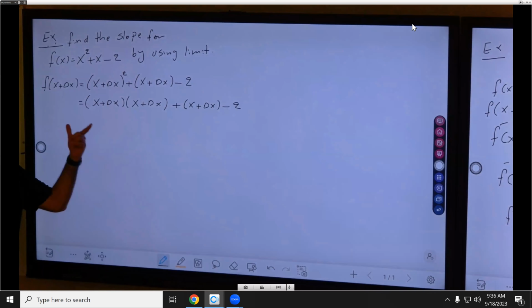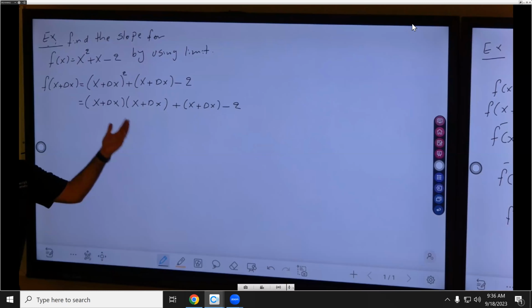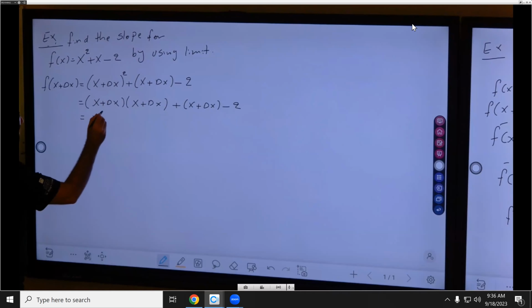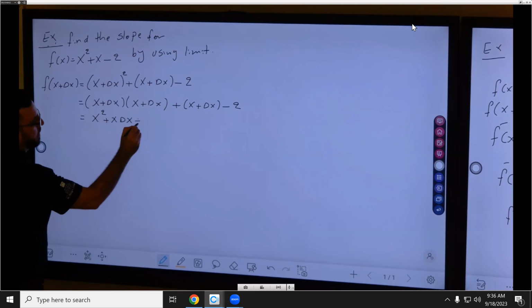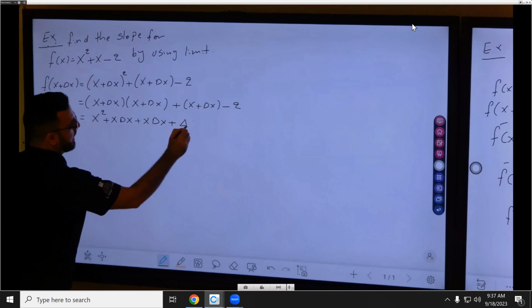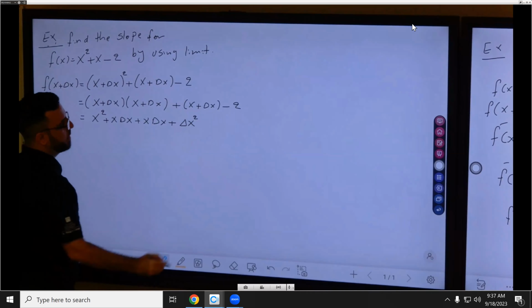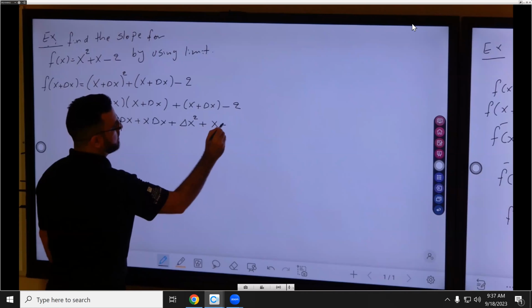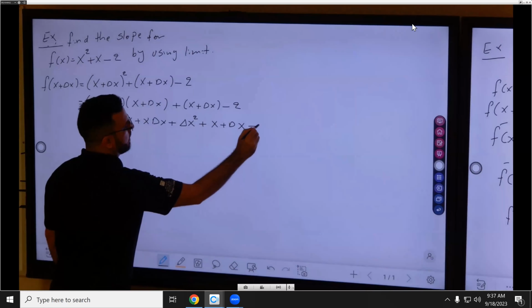I'm going to simplify this part before plugging in, okay? It's going to be the same thing. That means it's going to be x squared plus x delta x plus x delta x plus delta x squared plus x plus delta x minus 2.